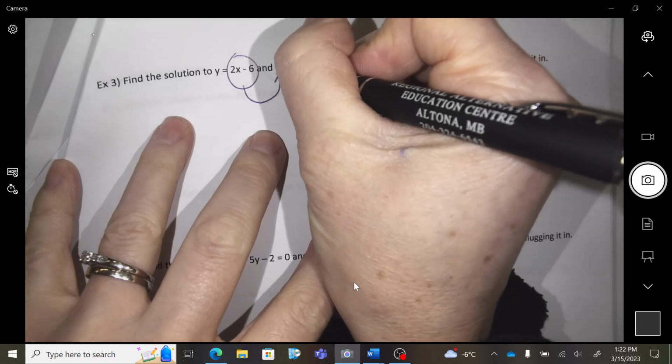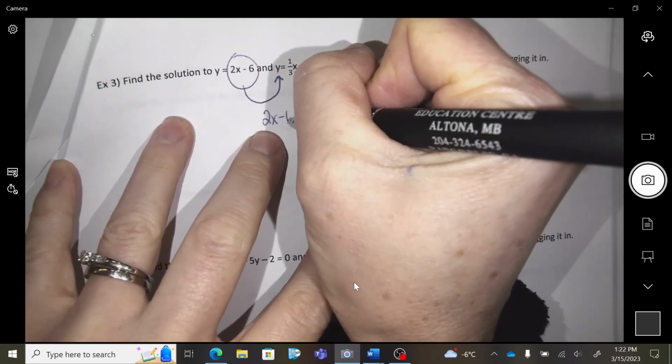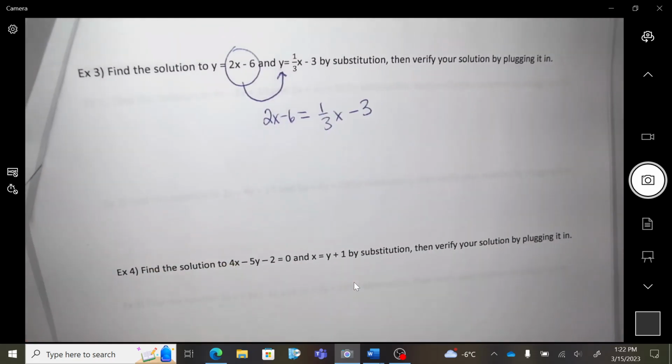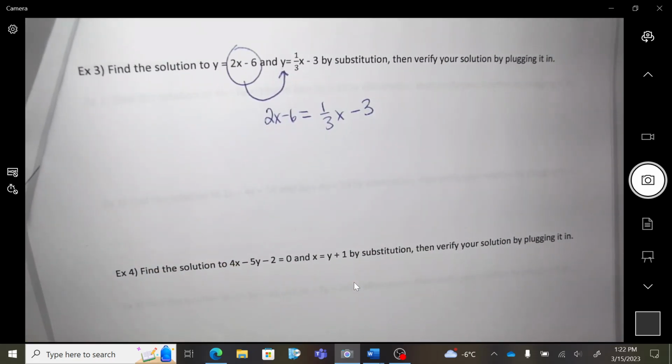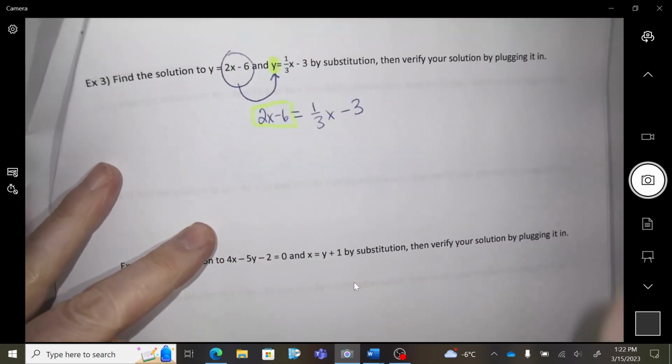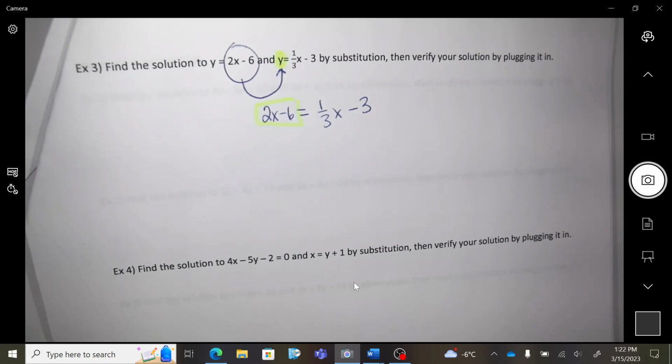So if I replaced this y, it would be 2x minus 6. So everybody sees what I did. I replaced this y with that. That's my substitution. Good?